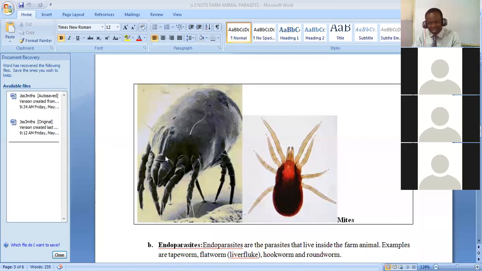That is a thin pipe-like structure through which blood is sucked.